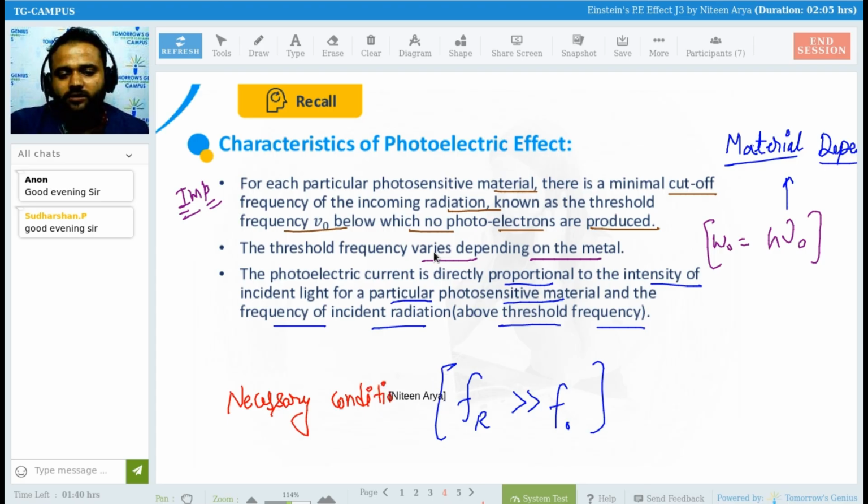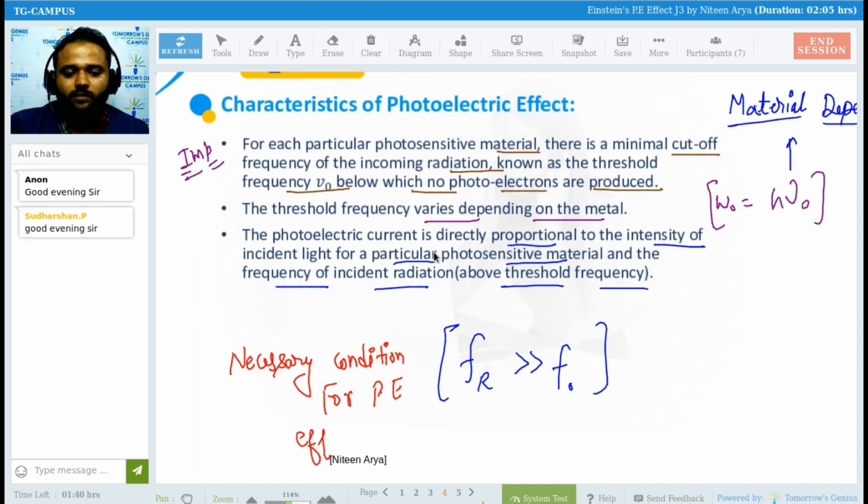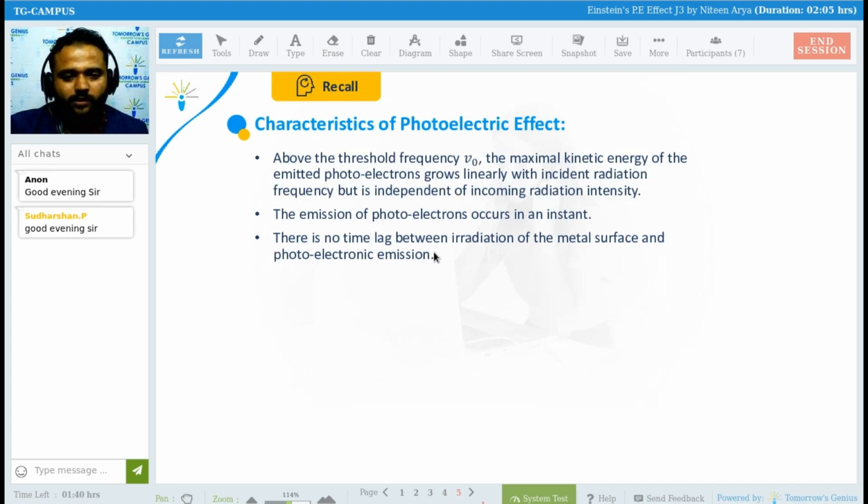This is your necessary condition for the PE effect. Got it? We already read, wrote and learned this so many times.